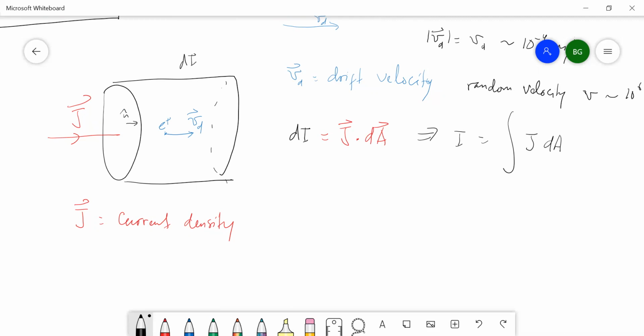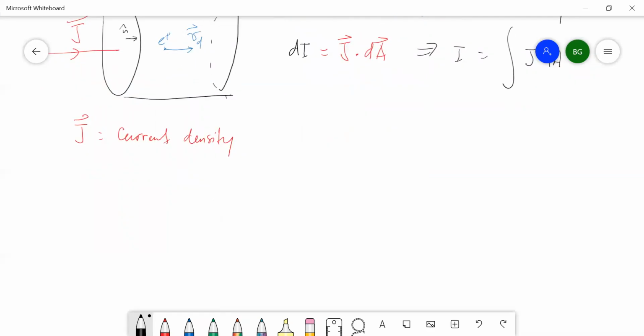Anything else? Perpendicular should be 0, I mean, perpendicular, something like this. If this is an area, a surface, for example, a disk, and this is, let's say, the normal vector of this disk, yeah.